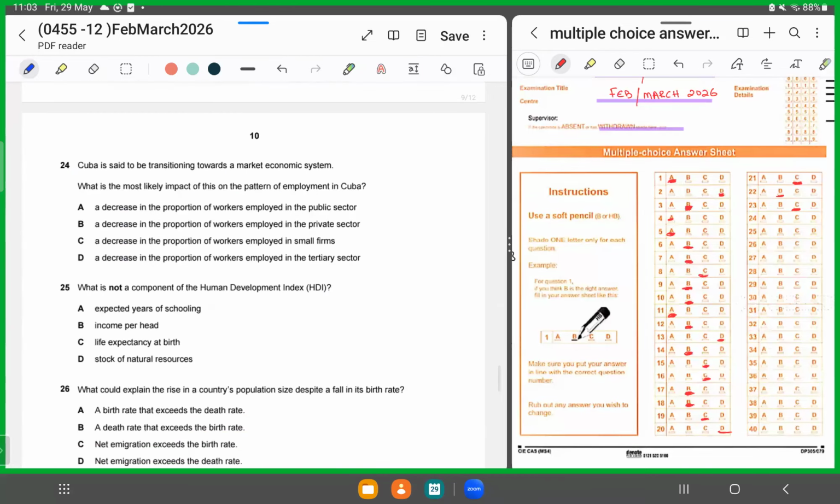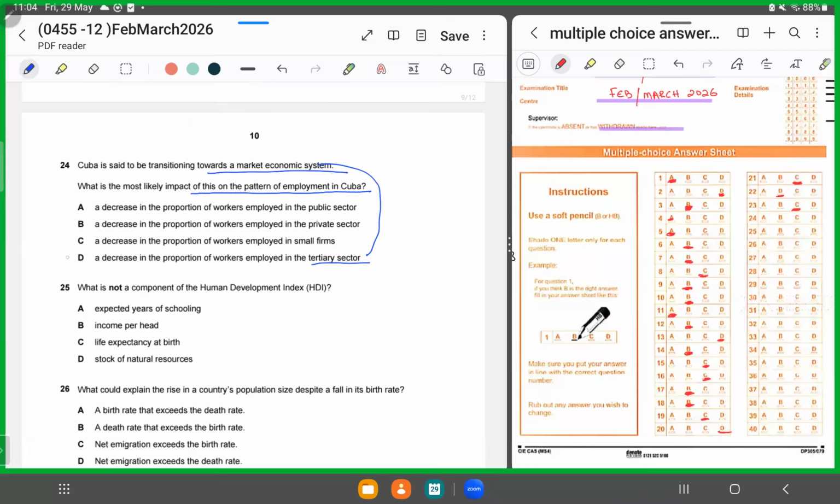24. Cuba is said to be moving towards a market economic system. What is the most likely impact on the pattern of employment? A decrease in the proportion of workers employed in the public sector, in the private sector, in small firms, or in the tertiary sector. When we are moving towards a market economic system, more people would be employed in the tertiary sector.